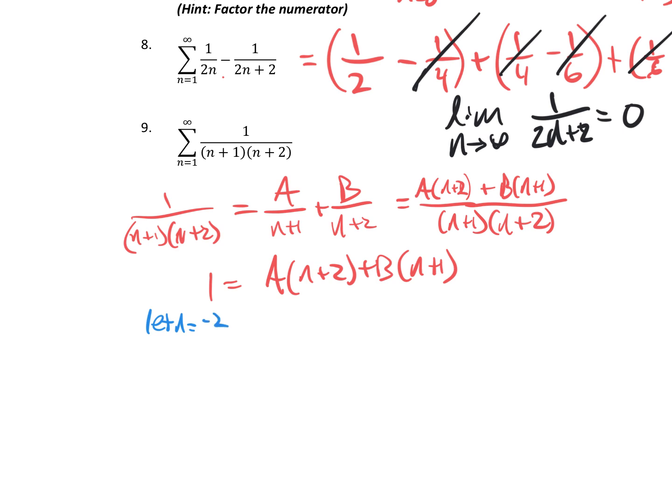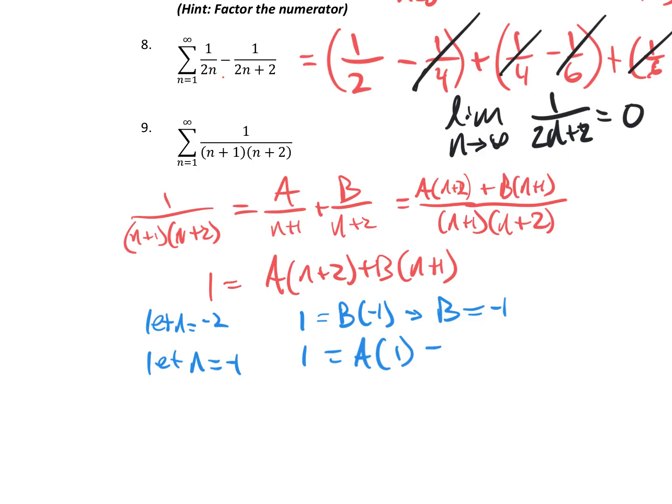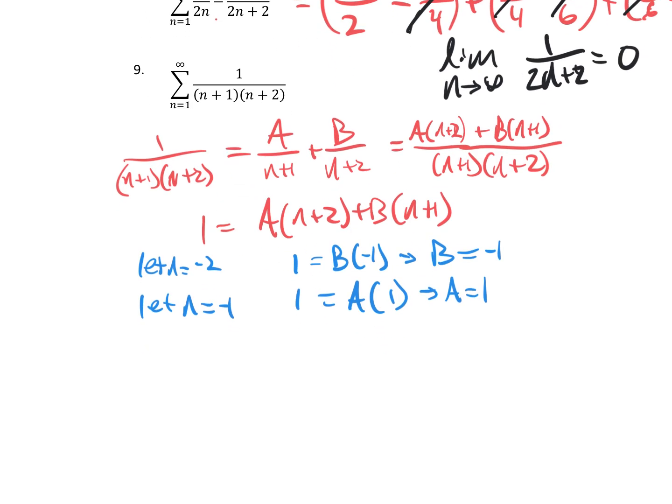Then we have 1 equals b times negative 1, which implies that b is negative 1. And if we let n equal negative 1, this part drops out, and we have 1 equals a times 1. So a is 1.